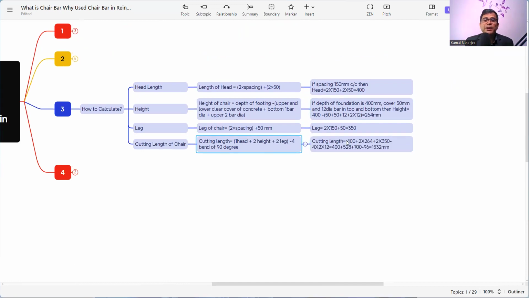400 is one head, 264 into 2, because 2 number height, plus 2 leg, 350, minus 4 number bends. So one bend, how much are we deducting? 2d. What is the d? It is 12, and 2 into d. So these will be deducted, and how much will it come? 400, 2 into 264, 528, 2 into 350, 700, minus 4 into 2 into 12 is 96.